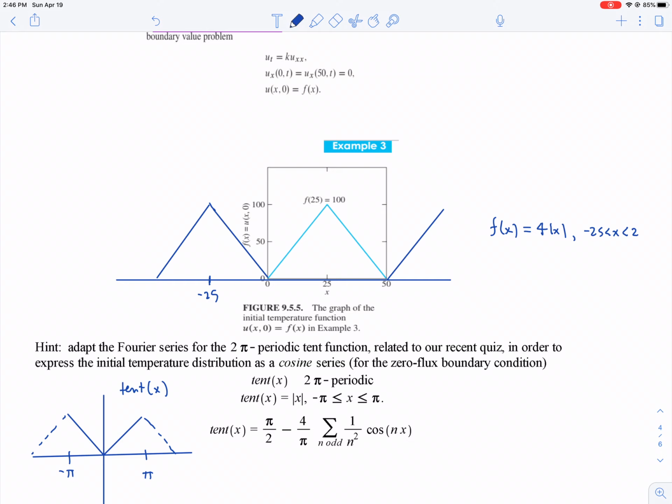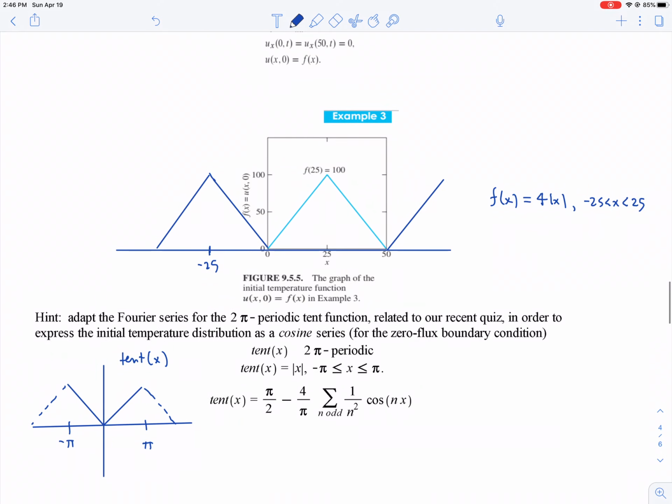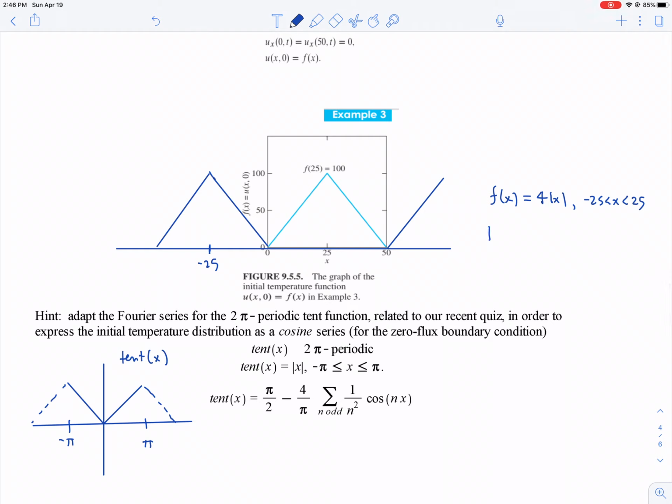My fingers want to write pi instead of 25. Okay, whereas tent of x is absolute value of x for x between minus pi and pi.